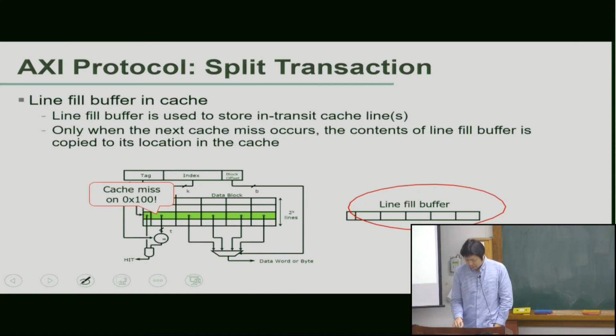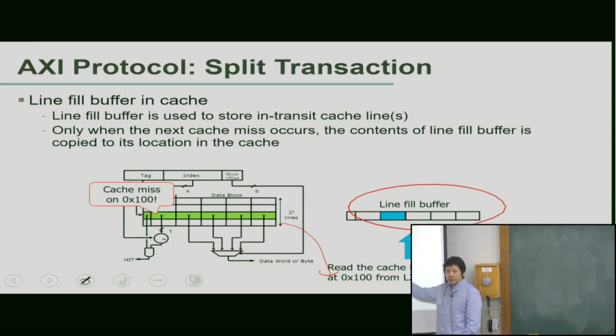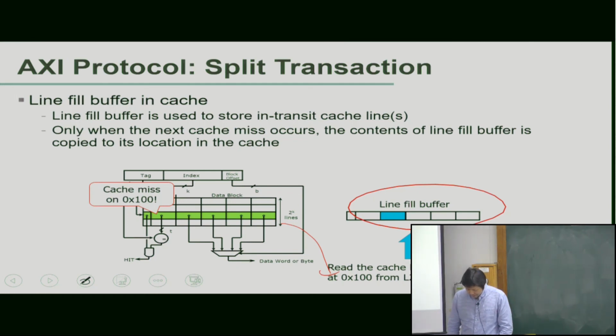Then of course you send the request to the memory, and the request comes back from the lower level cache or memory. Then you start to fill this data into the line fill buffer instead of putting it directly into the cache.